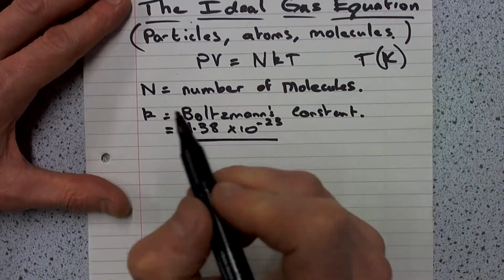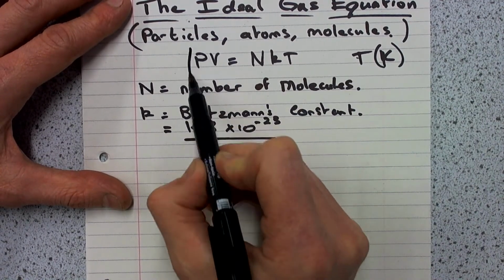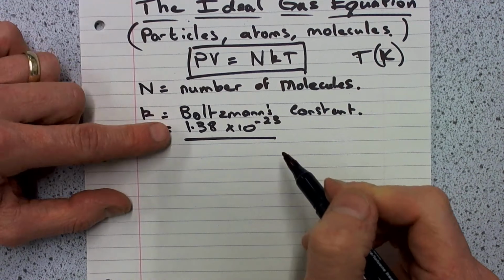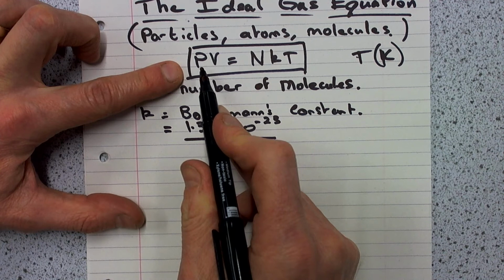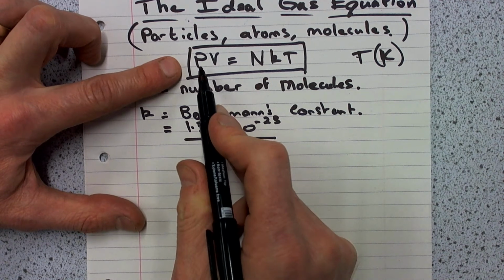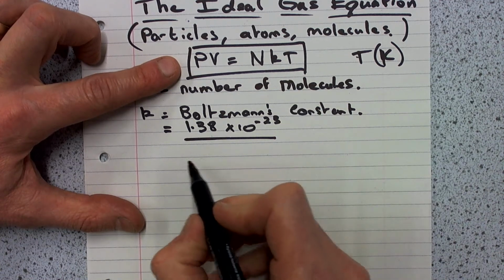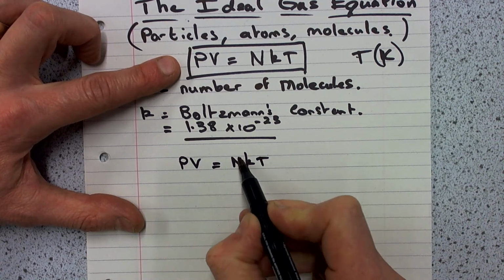All right, so again, let's have a look at rearranging. That's the general formula you'll be given in Unit 5. And how do we rearrange it? Maybe we want to work out what the pressure is given the volume, number of molecules, and the temperature in Kelvin. So we start off with PV equals NkT.